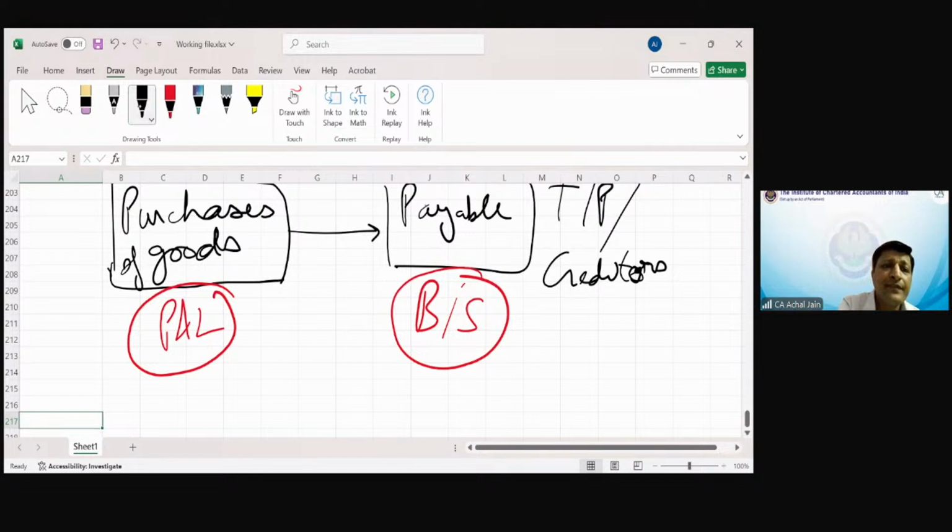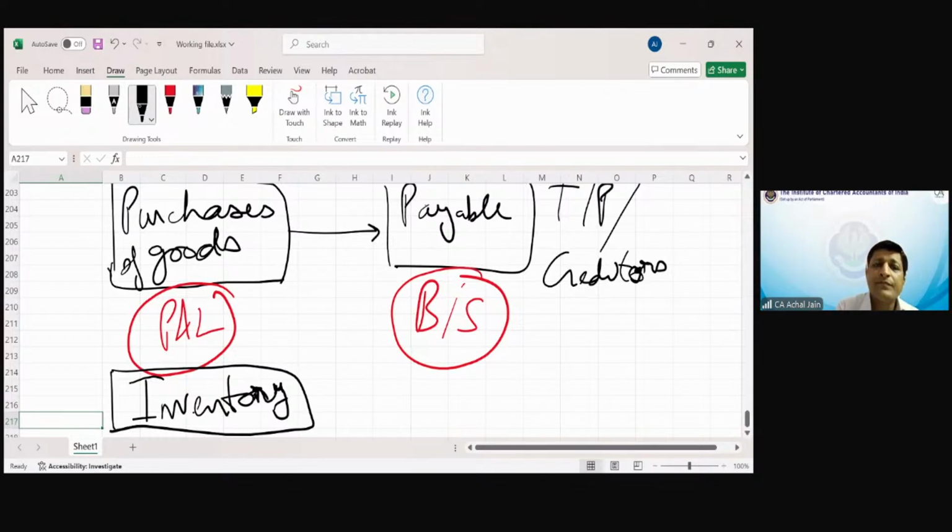Remember that? That was inventory. So its payable part goes to creditors and corresponding to this purchase, the company will generate inventory.